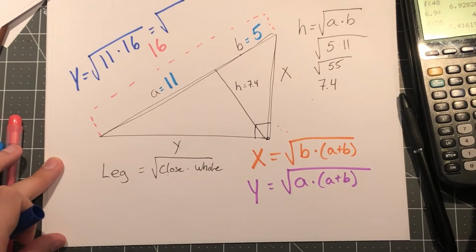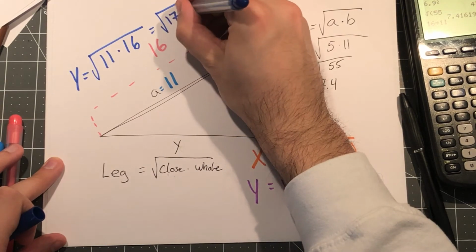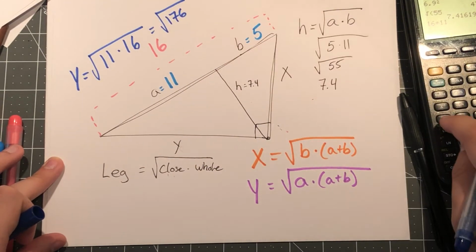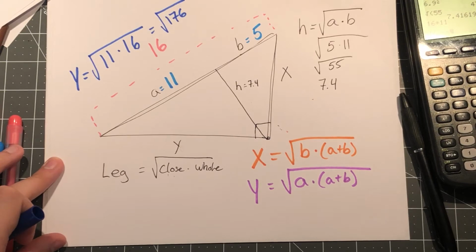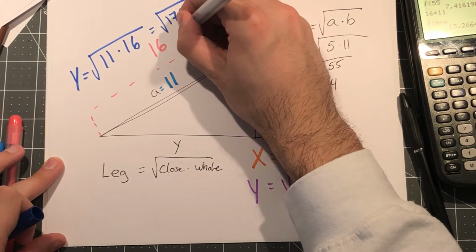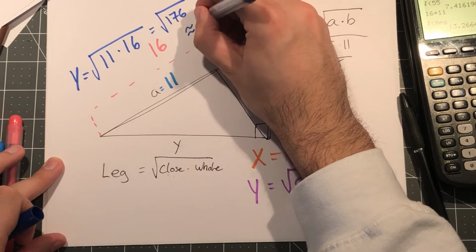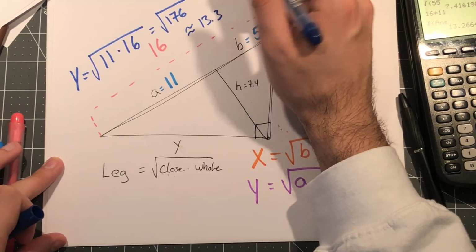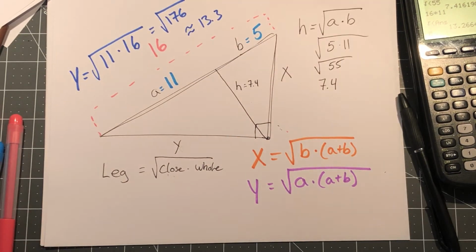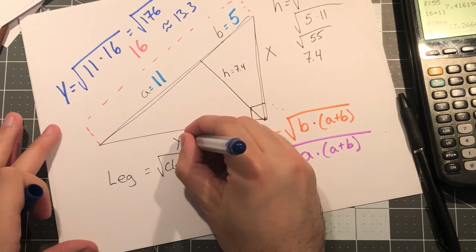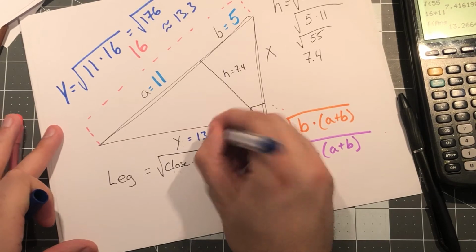So that would be 16 times 11. The square root of 176, which will be somewhere around 13.3. Not exactly. There's decimals that we are always going to be cutting off, but I'm just rounding one decimal place to help me find it. 13.3.